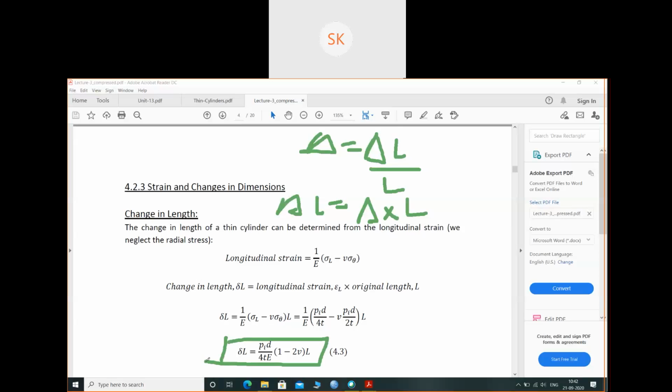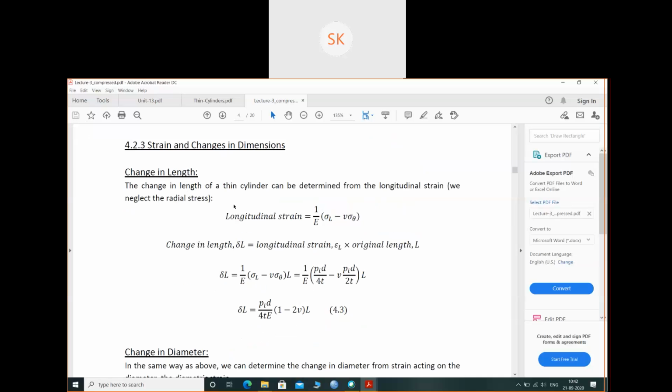So the change in length will be P d by 4 t E times (1 minus 2 nu) times L. You have found the change in length of a pressure vessel when hoop stress and longitudinal stress are applied.